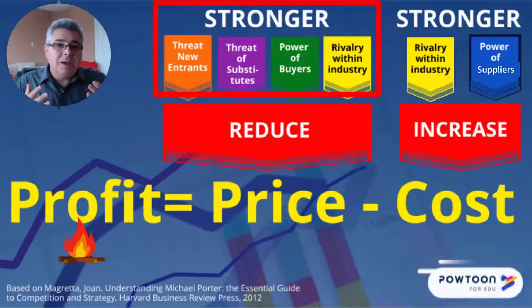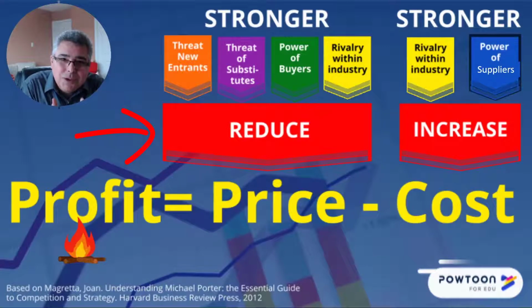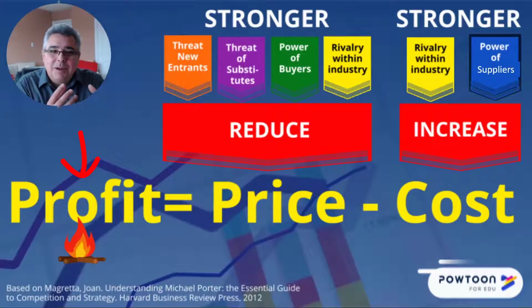The rivalry is strong. There are a lot of companies competing for the same buyers. If those forces are strong, what happens? The companies are forced to reduce price. And if they reduce price, it will reduce the profit. I put it like they are burning the profit. That industry is burning profit because there is not enough power.